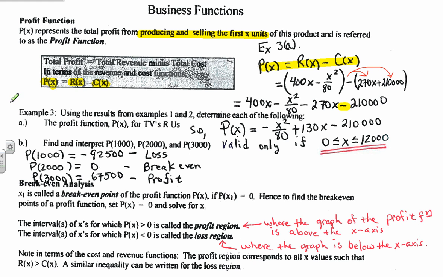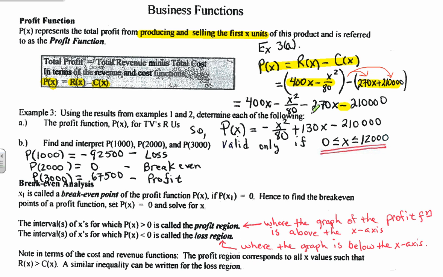And by the way, in the first set of parentheses, this is the result from example 2a, and this is the result from example 1a, and you'll find those on the first page of the handout. So I enclose both of these expressions in parentheses. Then the next step is to distribute this negative, and notice how it changes the sign of that last term and it becomes negative. It's very important, or else it's going to throw off the expression for the profit function.